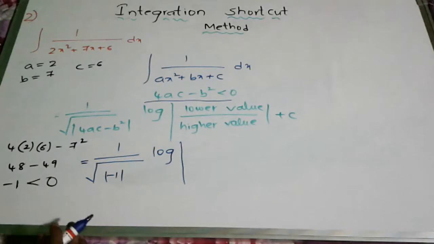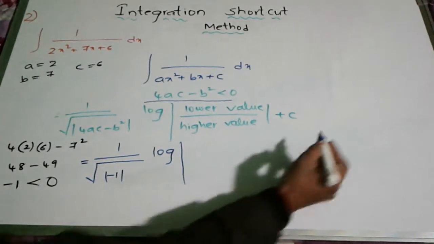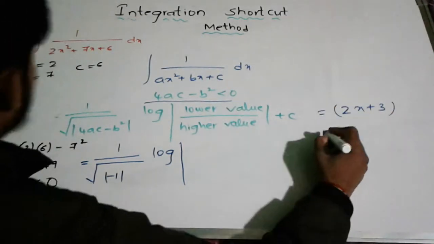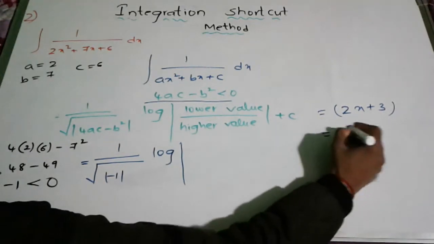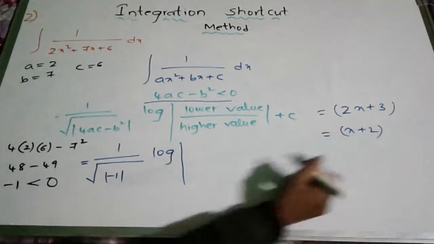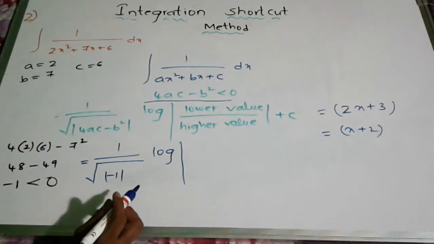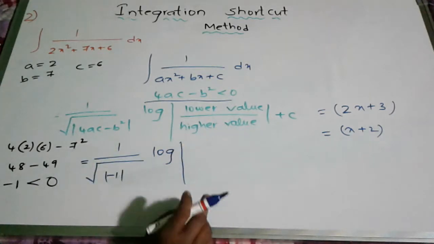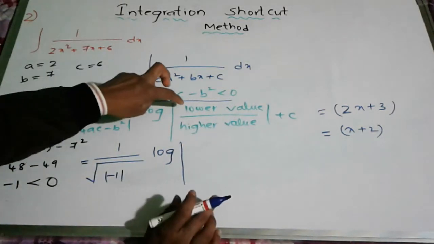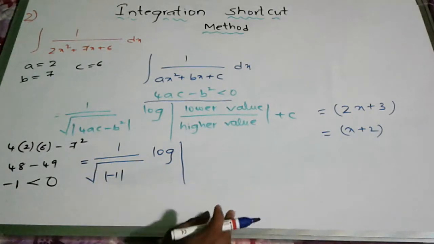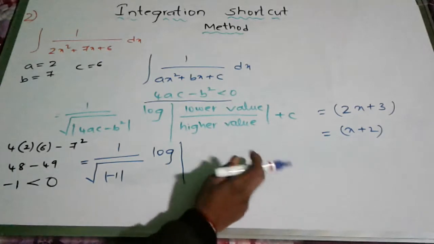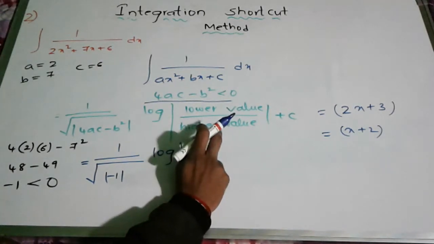After factorizing, you will get 2x plus 3 and x plus 2, right? So the factor which is giving less value has to be written in the numerator part, and the factor which is giving the bigger value has to be written in the denominator part, right?